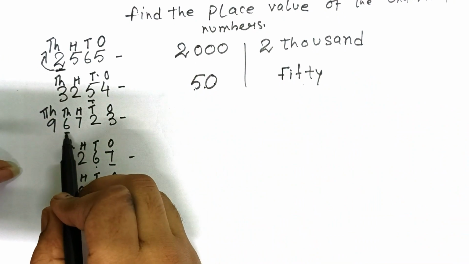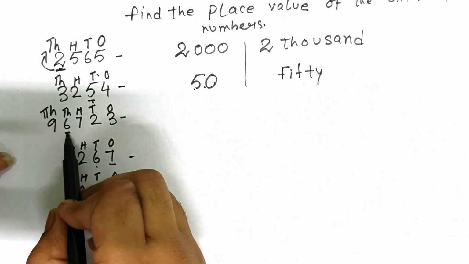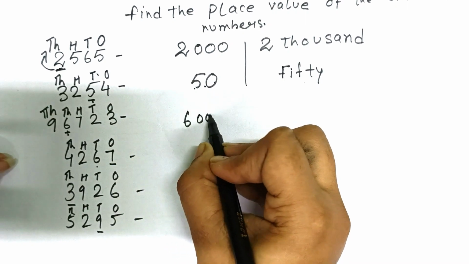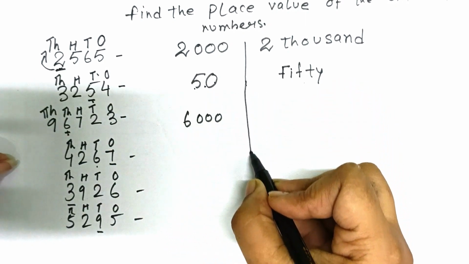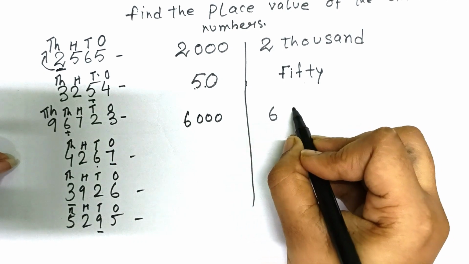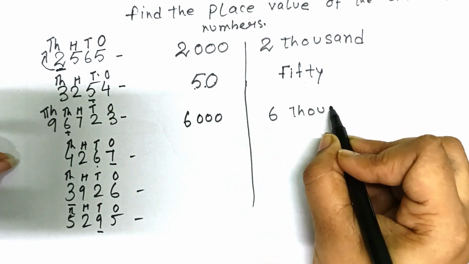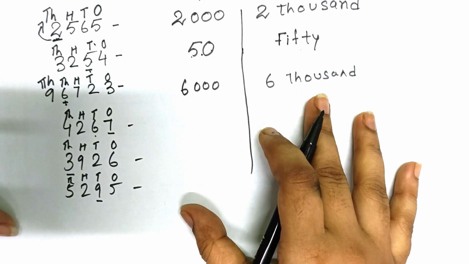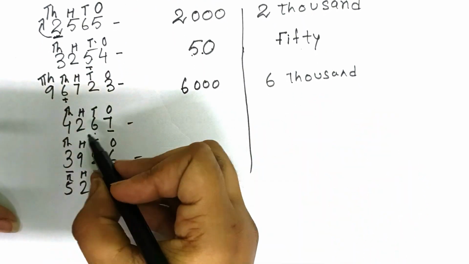Now we are supposed to find the place value of this 6. So 6,000. Just write like this, 6,000, and in words, 6 THOUSAND. Clear? Now the next one is 7.